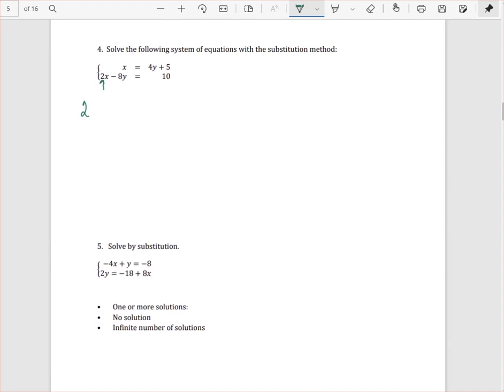So you get 2, 4y plus 5 minus 8y equals 10.